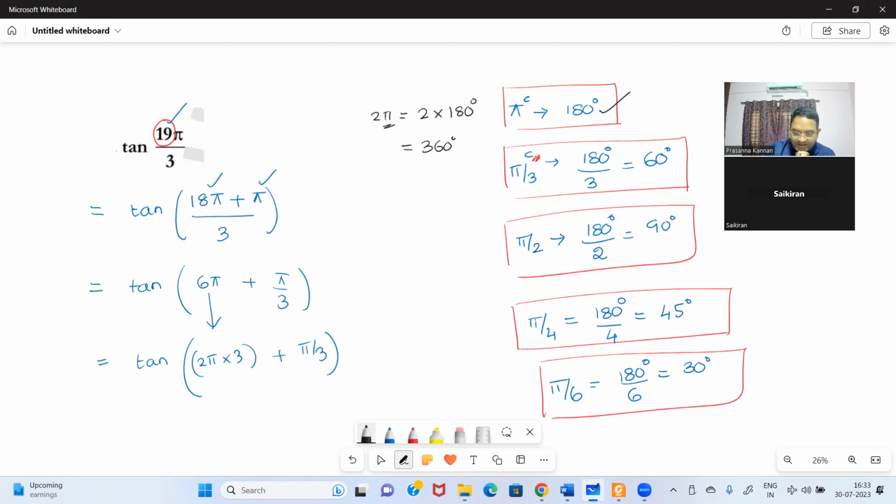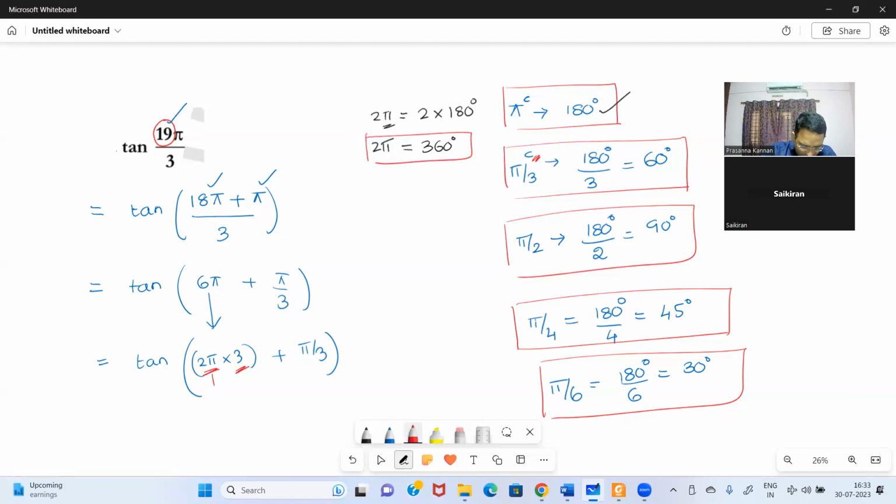So it is 360 degrees, correct or not? So 360 degrees, I am multiplying it by 3. That means one 360, another 360, another 360. Correct or not?